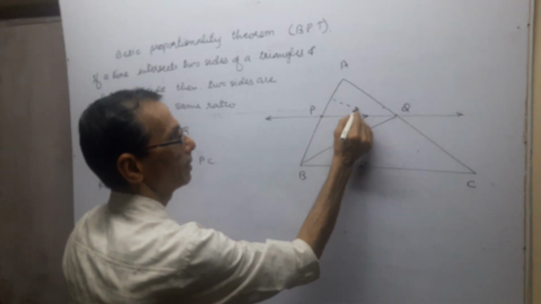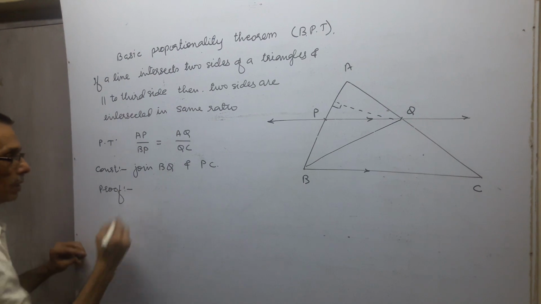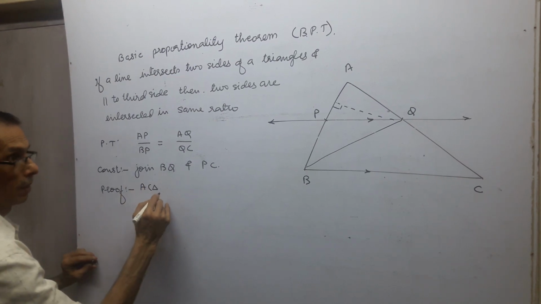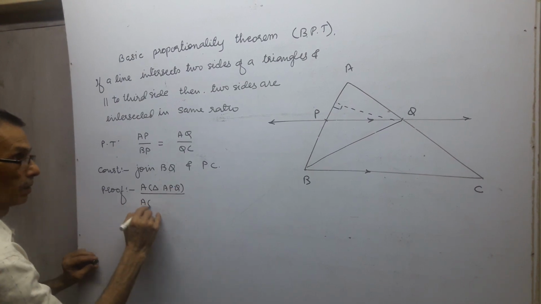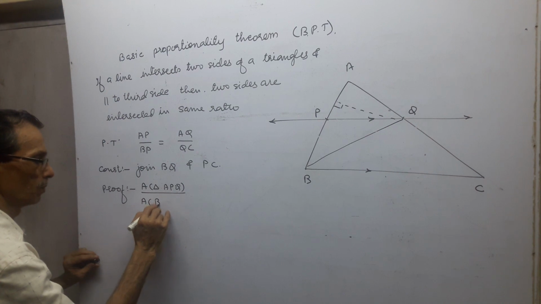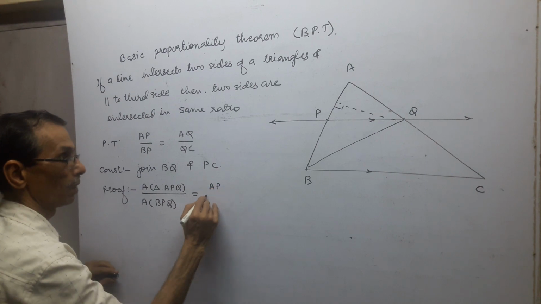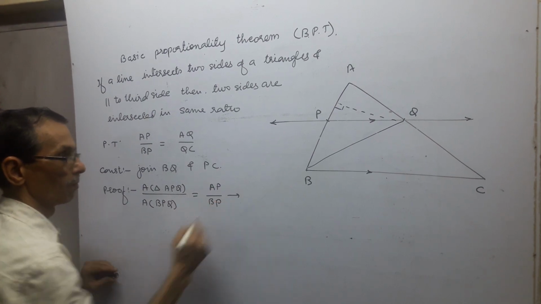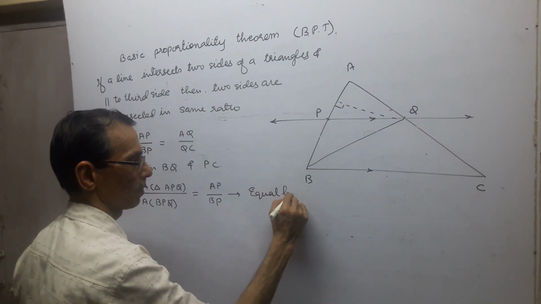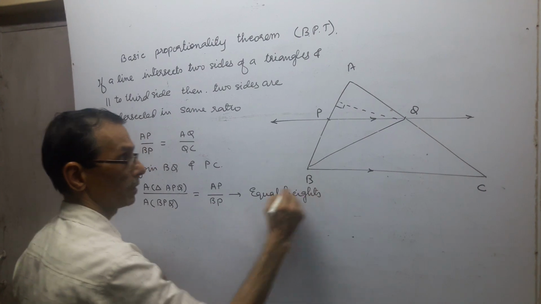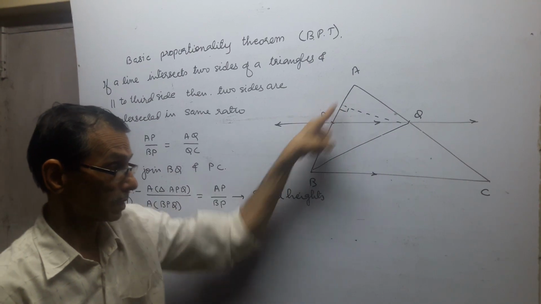Both triangles have the same height. This is the height. And therefore, area of triangle APQ upon area of triangle BPQ is equal to AP upon BP. Why? Because of equal heights. So we have seen that if heights are equal, then their areas are proportional to the bases.